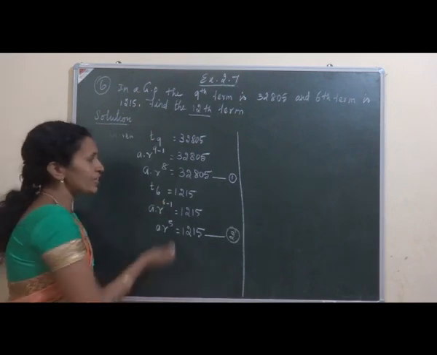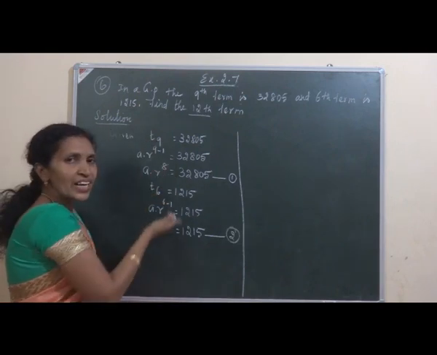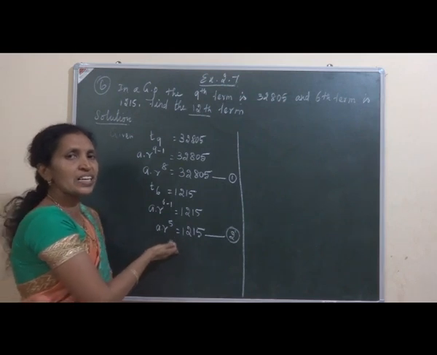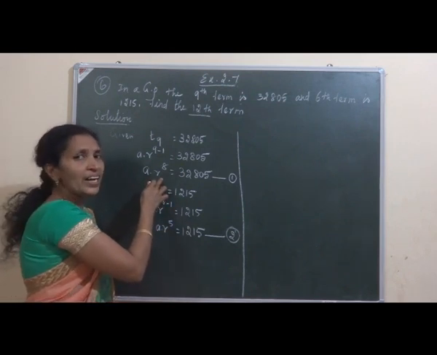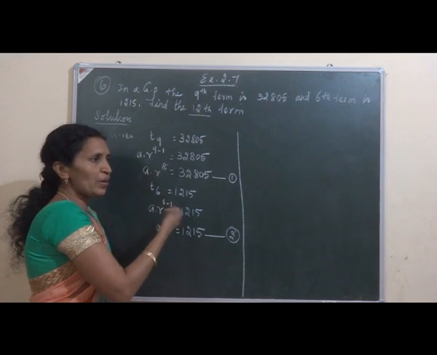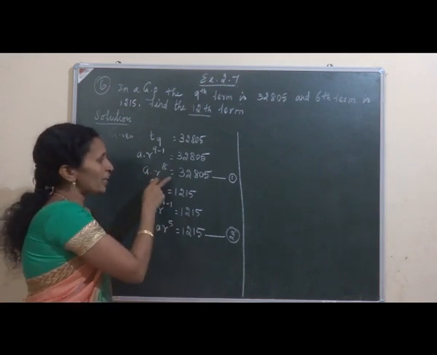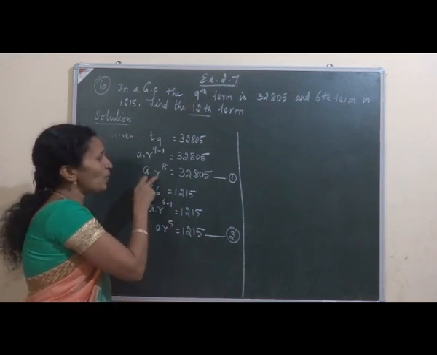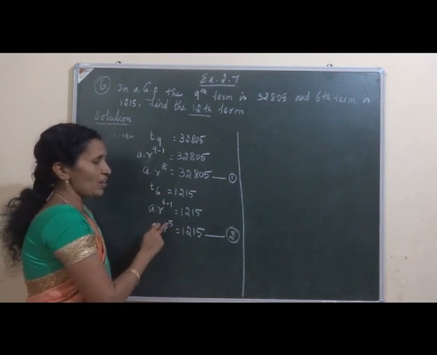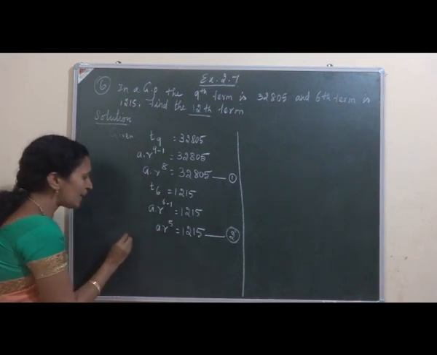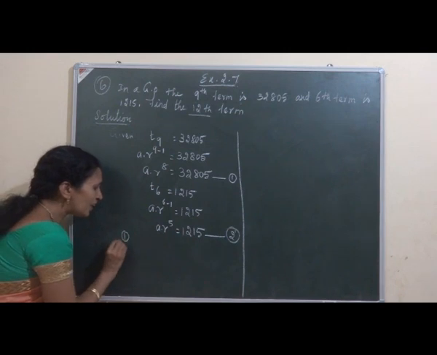Now listen, students, compare the first equation and the second equation. Which one has the highest power of r? That one is divided by the next one. Here r power 8, here r power 5. So we have to take equation 1 divided by equation 2.